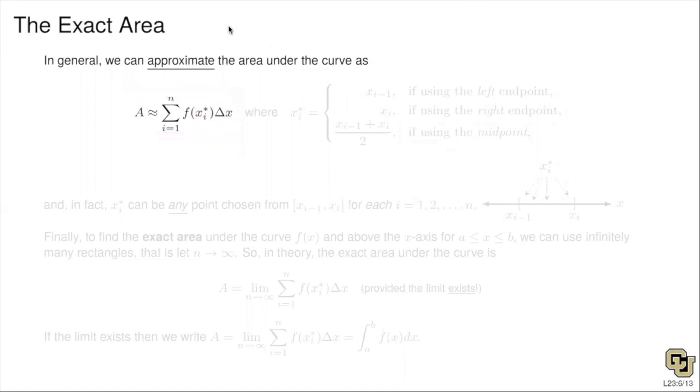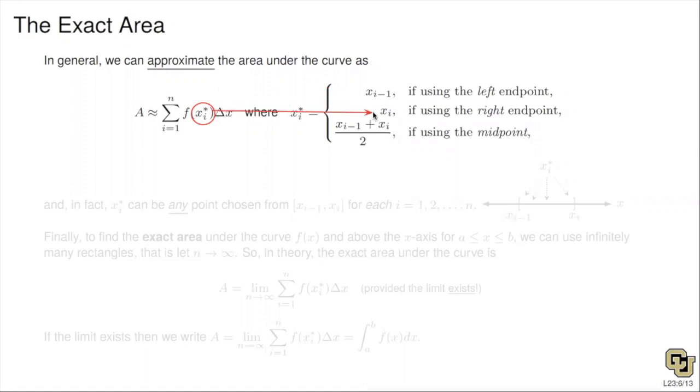So what the book has done is use x sub i star as a placeholder to give us maximum flexibility with this notation. If you want to use right endpoints, then the x sub i star should be replaced with x sub i. If you want to use left endpoints, then replace x sub i star with x sub i minus 1.